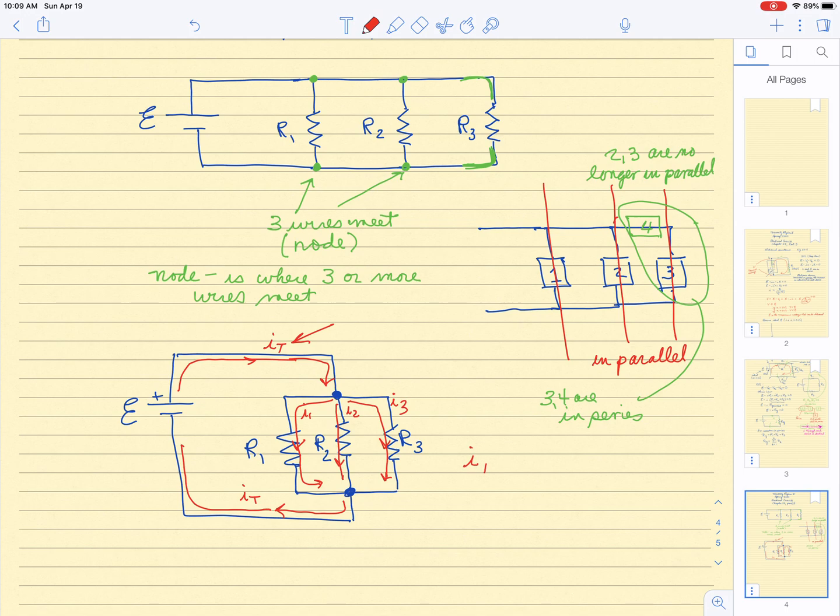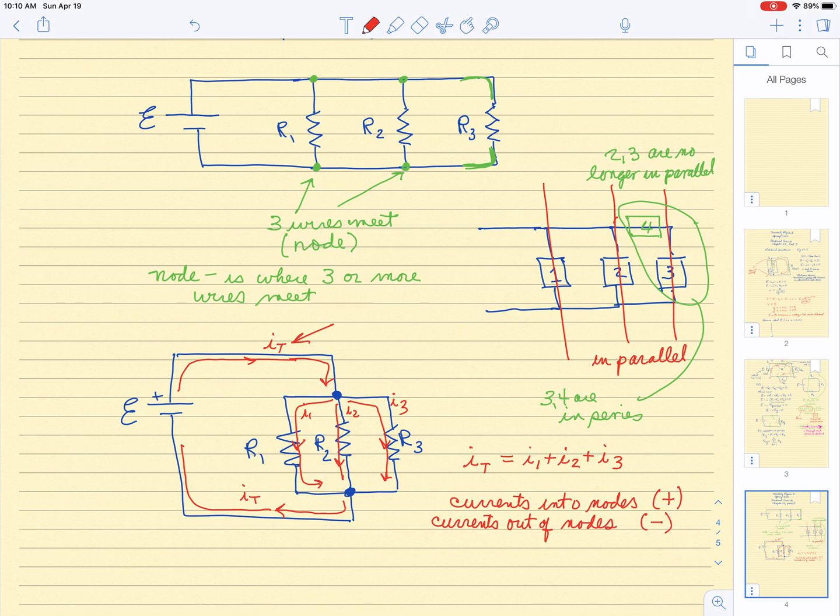So we can say that formally, right? We can say that the total current is equal to I1 plus I2 plus I3, and we can formalize this a little bit better. So currents into nodes, we give a positive sign, and currents out of nodes, we give a negative sign.